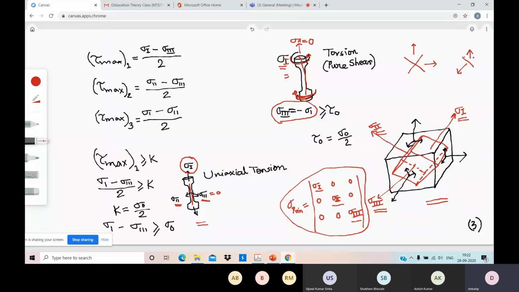That will be your maximum shear between them. Similarly, I can consider this principal and this principal. Whatever 45 you draw between them, you have to just understand that orientation, something like this.